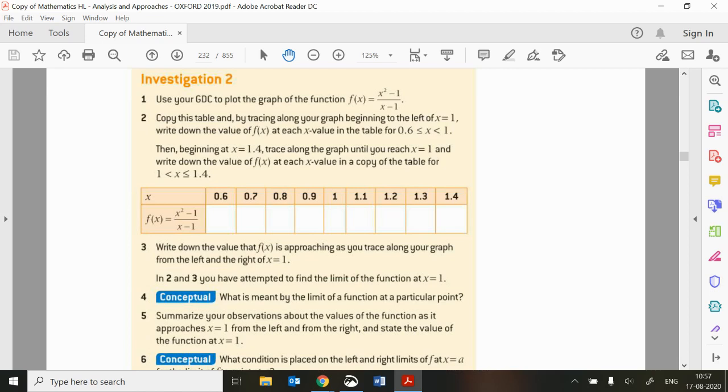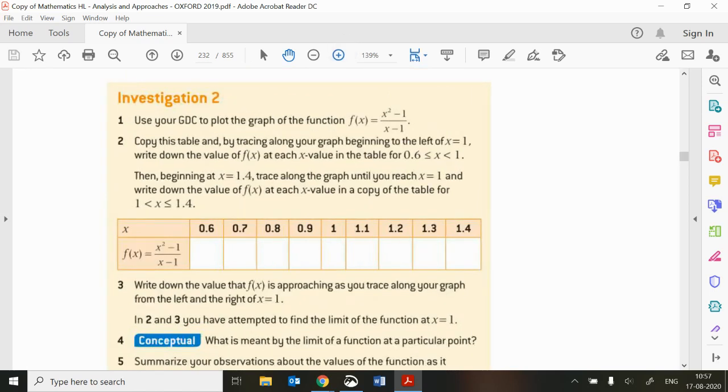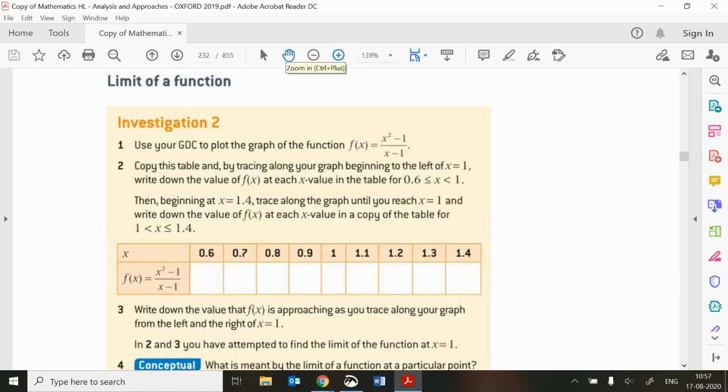Now, you're looking at this function and you're thinking, well, this can't be defined when x is equal to 1. However, when you plot your table here, you'll realize that when you put in 0.9 and when you put in 1.1, your answers seem to be approaching each other. They're not tending towards infinity.